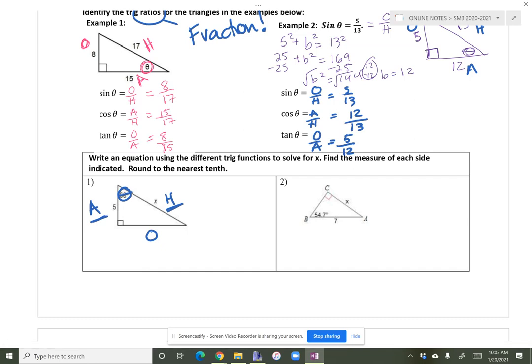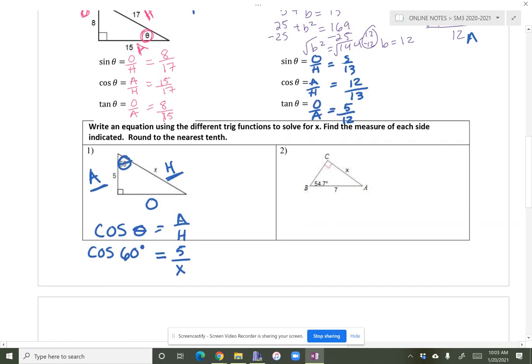So A and H is cosine. So I would say cosine of theta equals A over H. And I'm going to fill in what I know. I know theta. Cosine of 60 equals 5 over x. And then I'm going to solve for x.